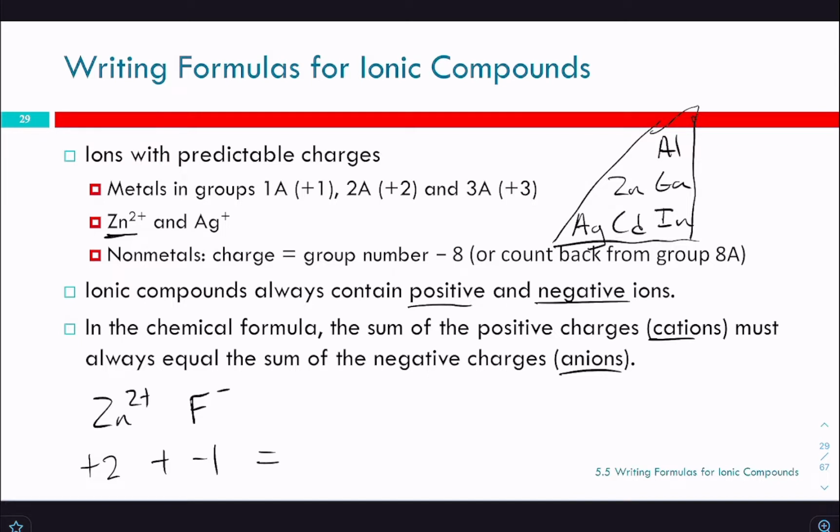So we need to add another fluorine, because we can't have half of a zinc. With 2 fluorines, this is now a -2 charge, so the total will be 0. So the correct formula for zinc fluoride would be ZnF2.